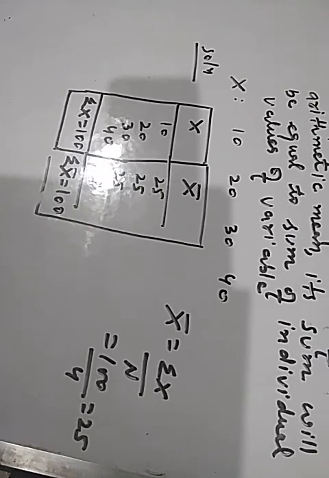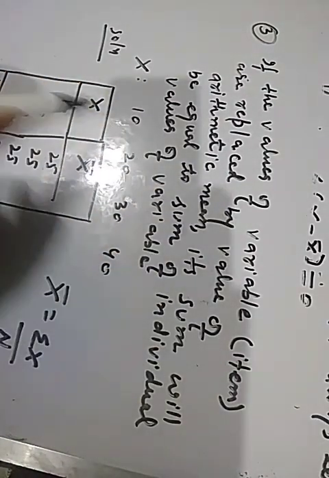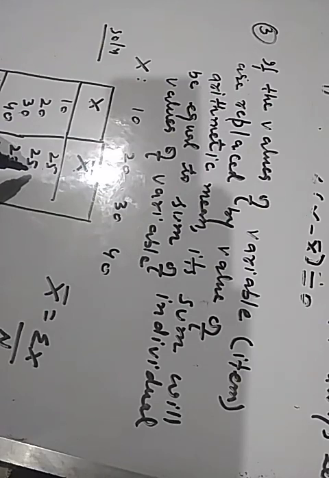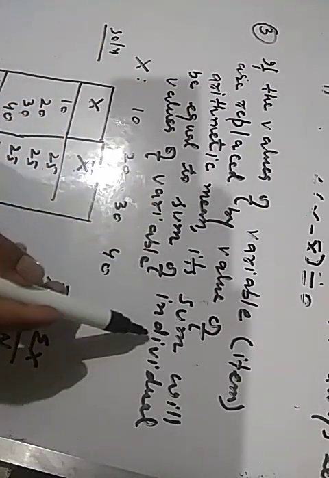This is the third property of the arithmetic mean, that is, if the values of the variable are replaced by the value of the arithmetic mean, its sum will be equal to the sum of the individual values of the variable.